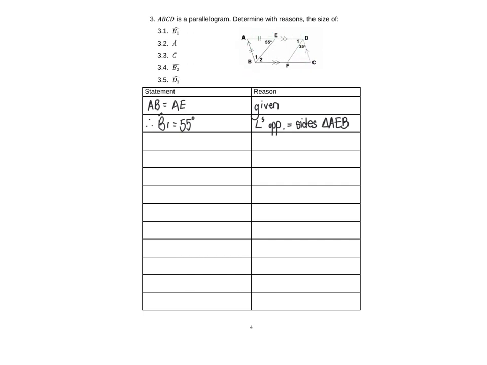So we've got B1, then B2. Question 3.2 asks you to find the size of angle A. Angle A is the only angle missing in this triangle AEB, so we can carry on in that triangle and say angle A plus the two 55-degree angles should add up to 180 degrees.